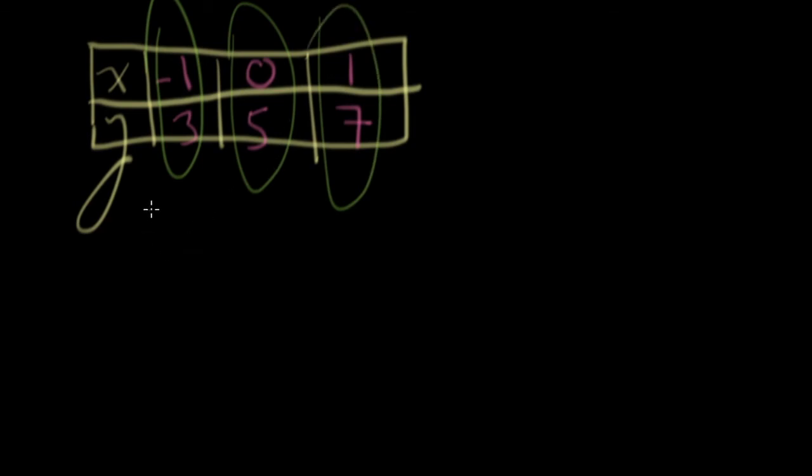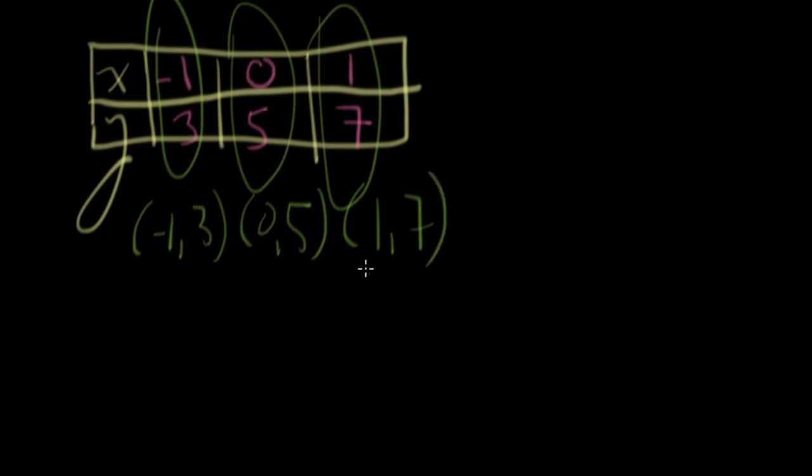So if I was going to write this, negative 1, 3, 0, 5, and 1, 7. Now you might be saying, okay, there's 3 of them. How do I choose my first point and my second point to label them? Well, it doesn't matter because it's going to be a straight line. And for a straight line, the slope stays the same. So you can use any pairs you want.